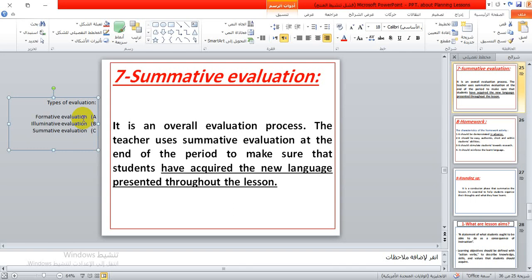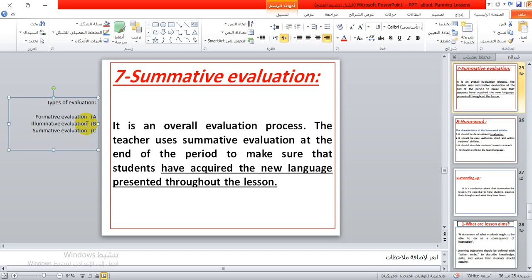Eliminative evaluation takes place during the year, during the course. It seeks to provide a deeper understanding of the teaching and learning process that occurs in the program.